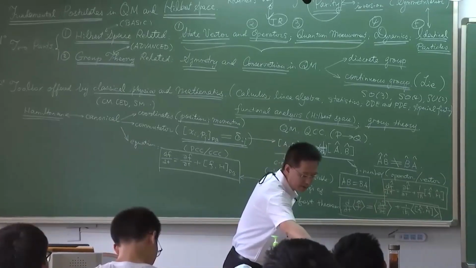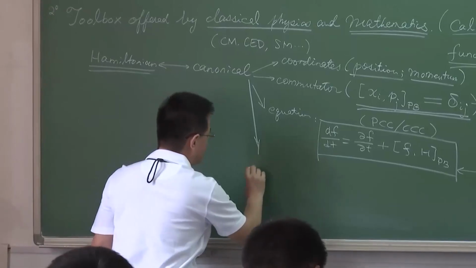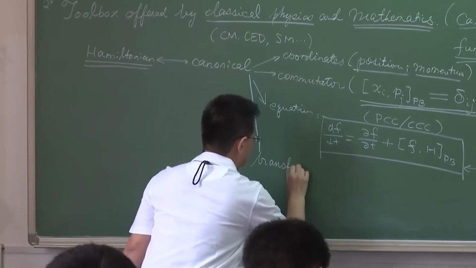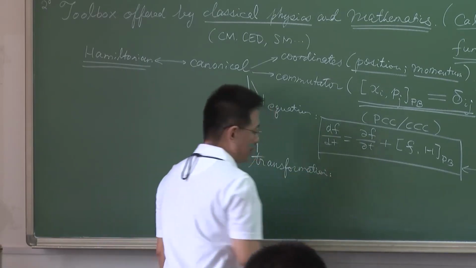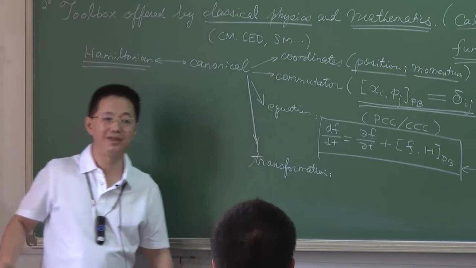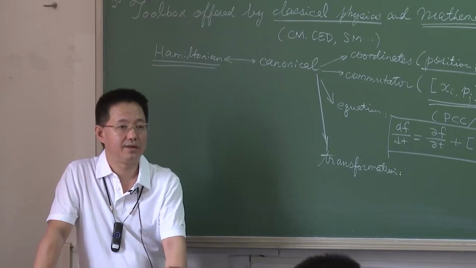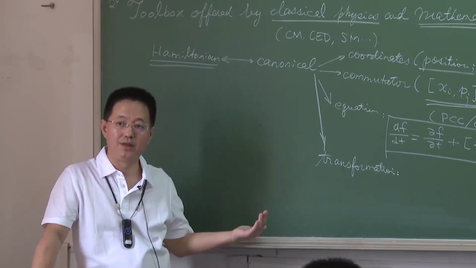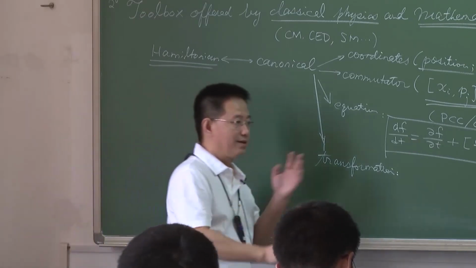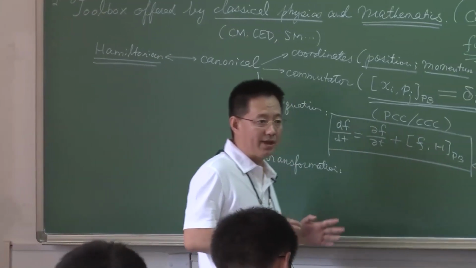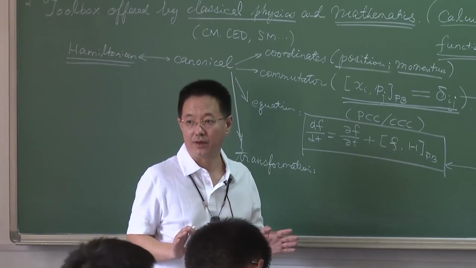One important point is that for the canonical thing, we have the canonical transformation. The canonical transformation means that if you change from q, p to capital Q, capital P, and correspondingly change from the old Hamiltonian to the new Hamiltonian, all of the coordinates and the Hamiltonian have been changed, but there is a very important thing that is kept invariant.